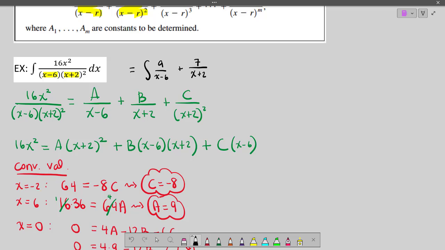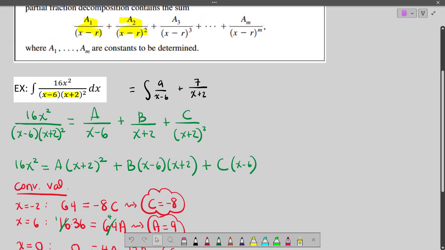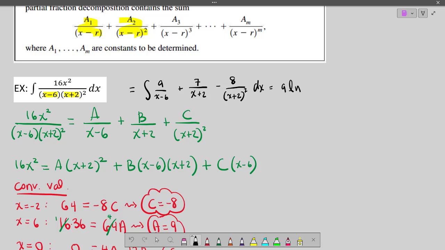And then C we found to be negative 8. So neg 8 over x plus 2 quantity squared. The first two, super easy. 9, natural log absolute x minus 6, plus 7, natural log absolute x plus 2.